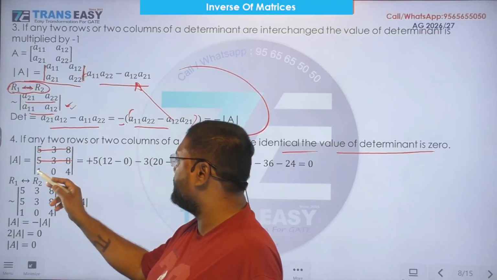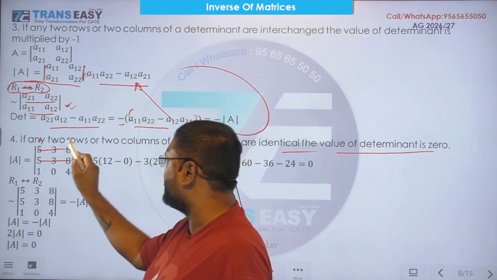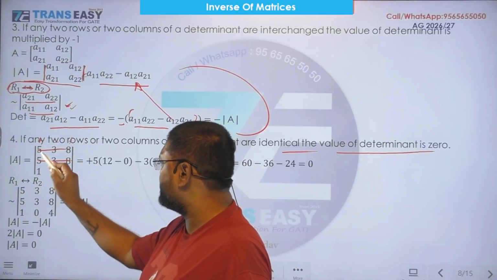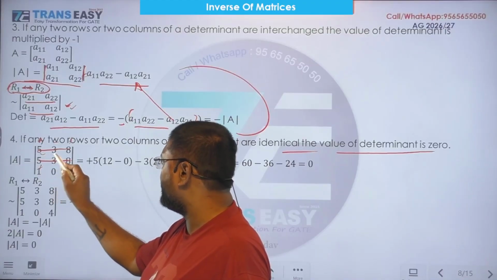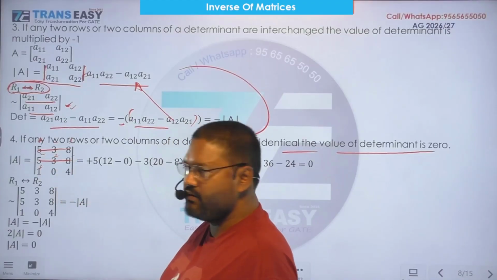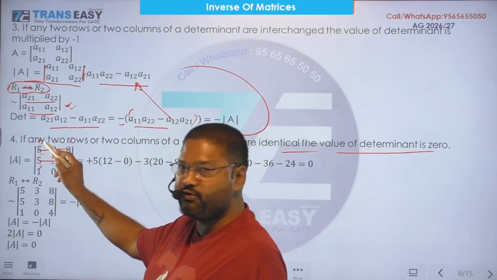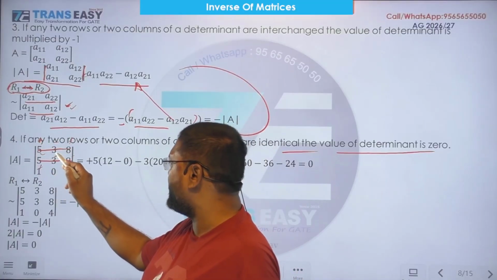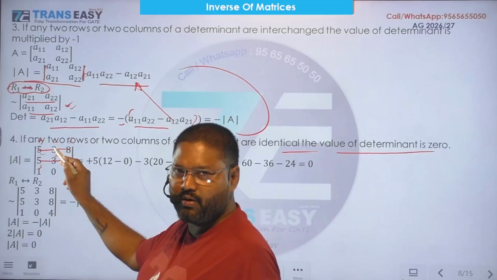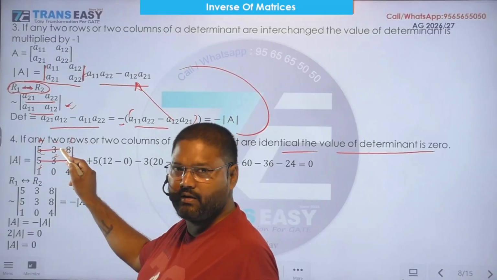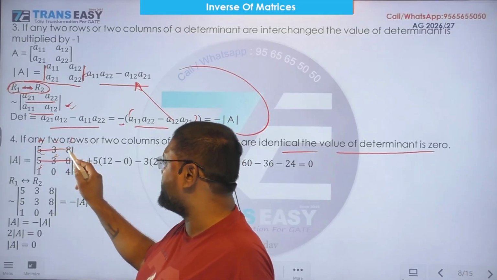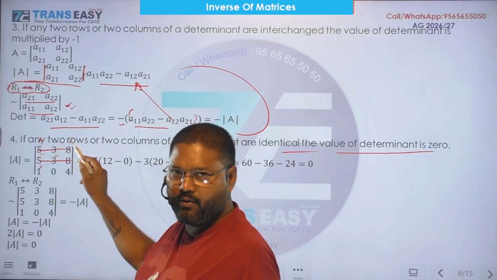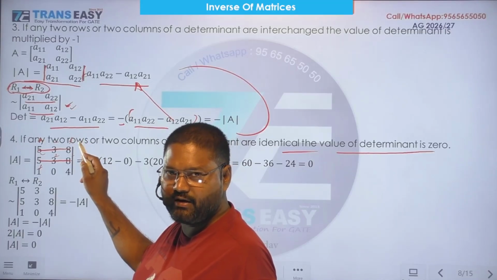Plus minus plus, plus minus plus, minus 1 raised to the power 1 plus 1, plus minus 1 raised to the power 1 plus 2, first row and second column, so it is coming minus, and minus 1 raised to the power 1 plus 3, first row and third column.